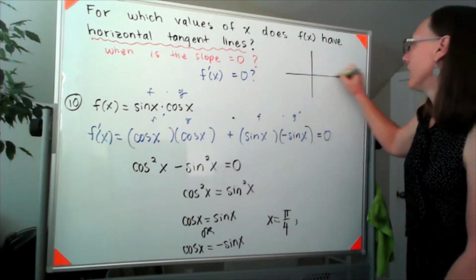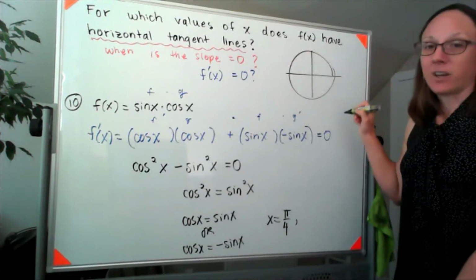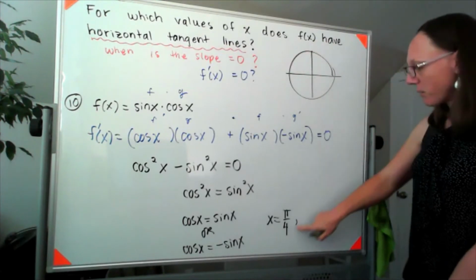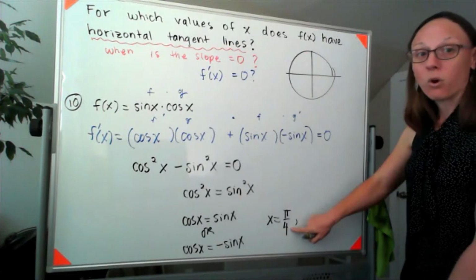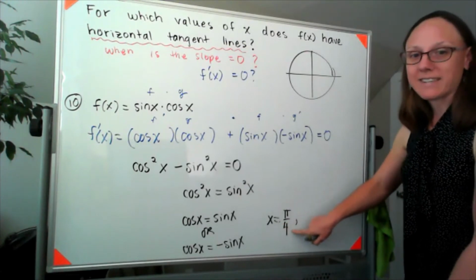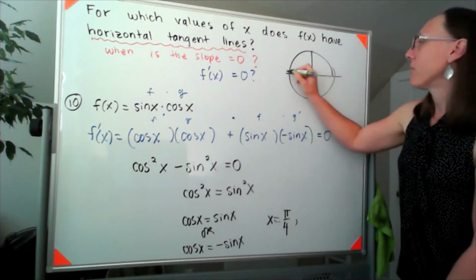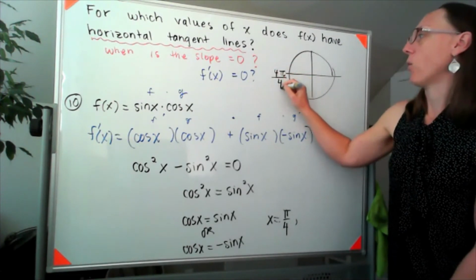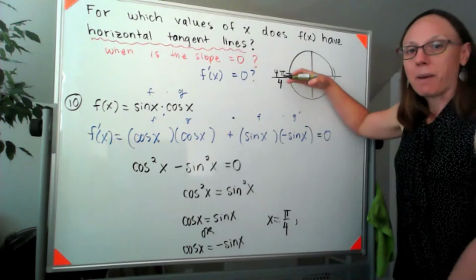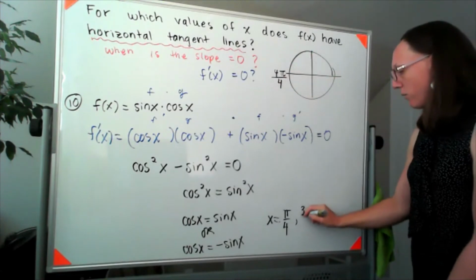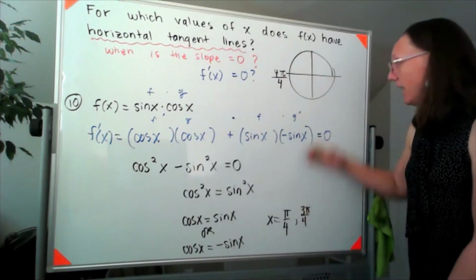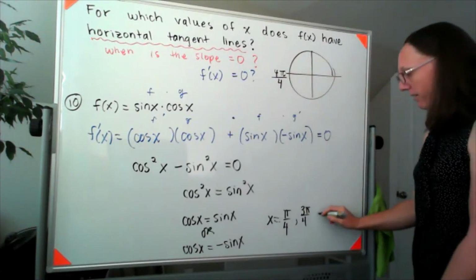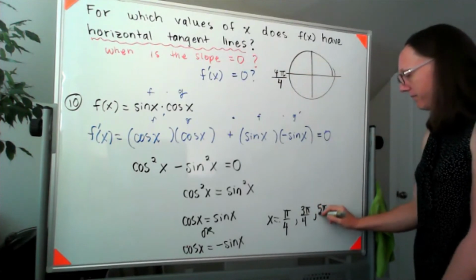In the second quadrant, because I'm incrementing by pi over 4s, my reference angle is something over 4. Rather than thinking about this as pi, I'm going to think about it as 4 pi over 4. So if I back up 1, I'd be at 3 pi over 4. If I go forward 1, I'd be at 5 pi over 4.